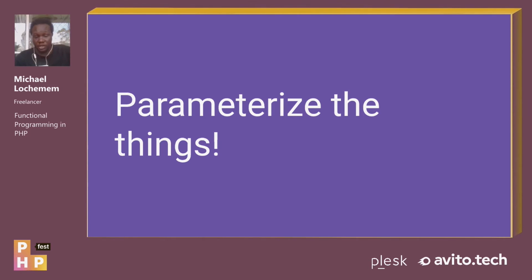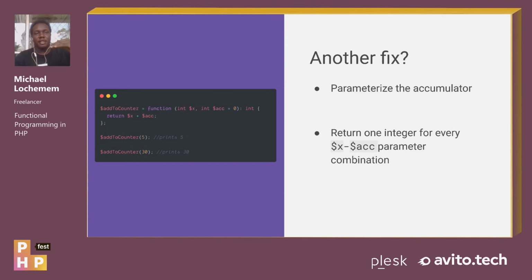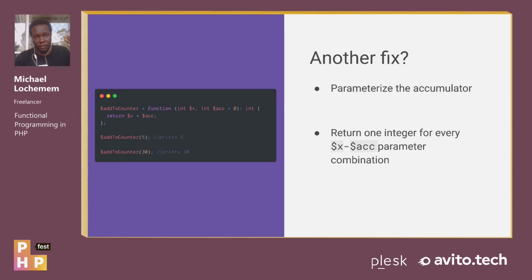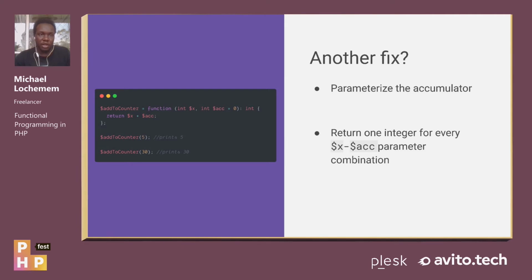Another way is to parameterize all the things, and that way you can get a function that closely resembles the addition examples from previous slides, which is still valid. If you create an anonymous function, or any function for that matter, set the accumulator value to 0 and perform different invocations, you get different results, which is ideally what you want.